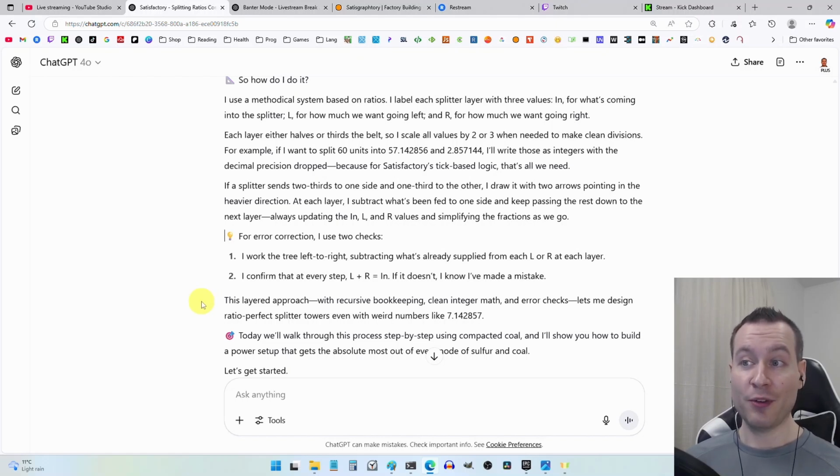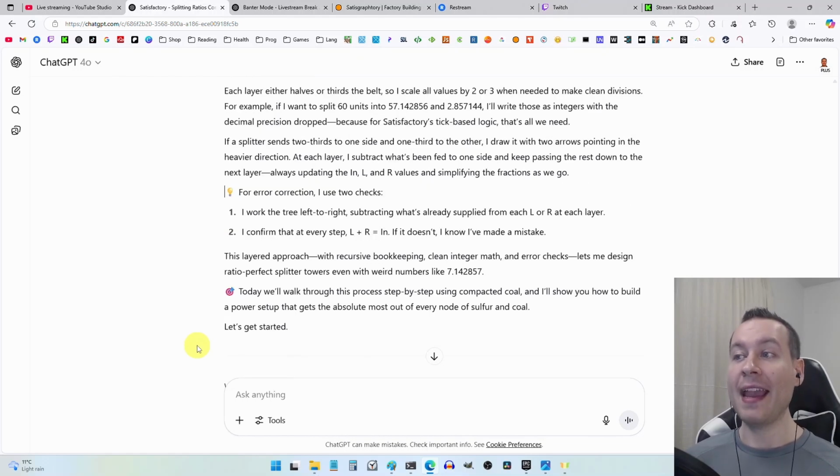This layered approach, with recursive bookkeeping, clean integer math, and error checks, lets me design ratio-perfect splitter towers even with weird numbers like 7.142857. Today, we'll walk through this process step by step using compacted coal, and I'll show you how to build a power setup that gets the absolute most out of every node of sulfur and coal.